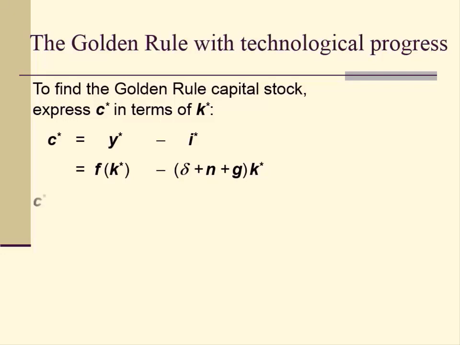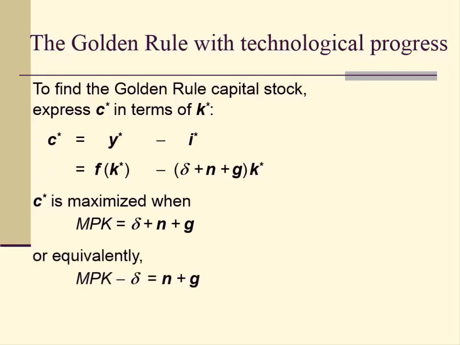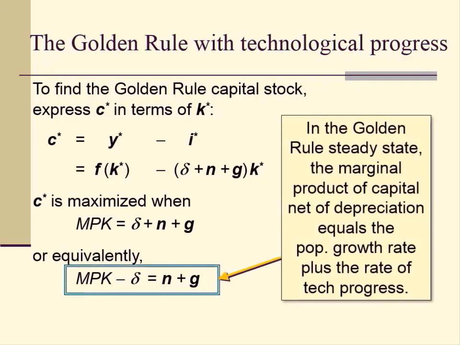And c star is maximized when MPK equals delta plus n plus g, or equivalently, MPK minus delta equals n plus g. I'm going to show the work during our Zoom session, but what you found here is this: in the golden rule steady state, the marginal product of capital net of depreciation equals the population growth rate plus the rate of technological progress.